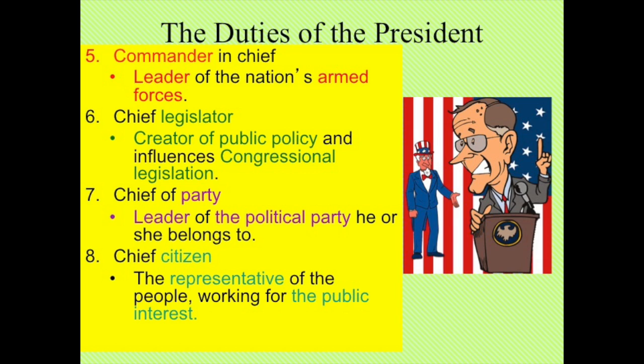As chief legislator, the president is the creator of public policy and is capable of influencing congressional legislation. That's right, the president himself or herself can propose legislation for Congress to consider. The president also serves as chief of party, meaning they are the leader and the head of the political party that he or she represents.